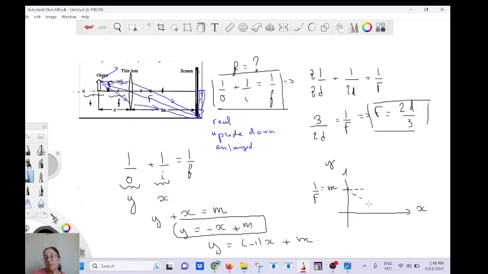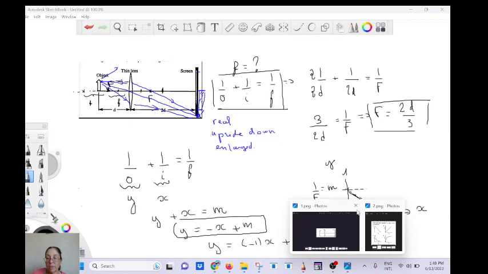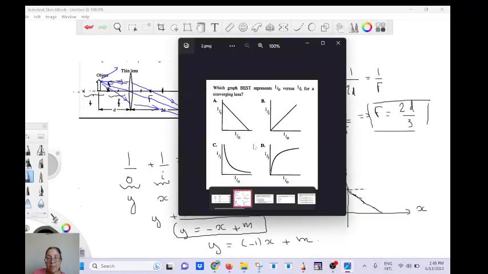So it's like a diagonal here. It makes 45 degrees, so it has to be something like this. So the solution is A. Okay, so that's number 2.